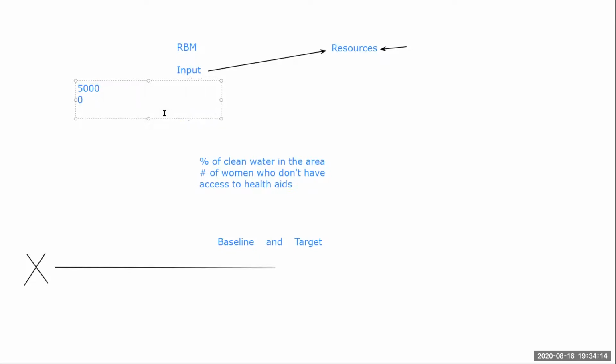But if there is another organization, or this is your second or third project on the same beneficiaries, you will start from the number where your previous project ended. For example, if your project end or funding limit was helping only two, then your target will be the remaining beneficiaries.